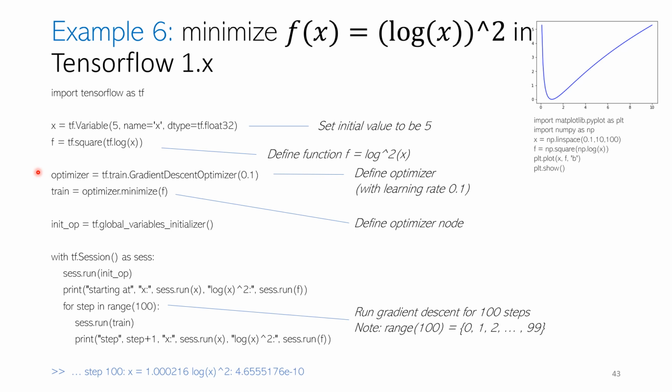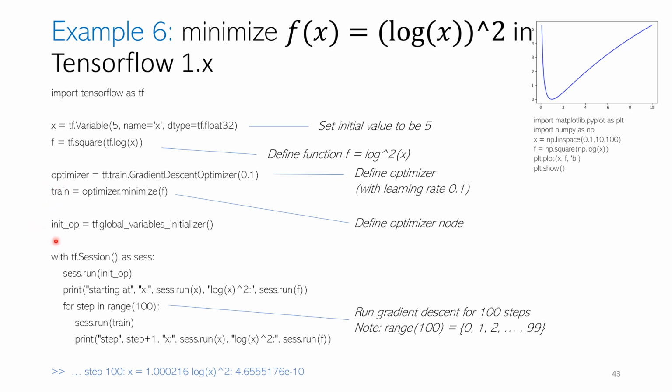The next thing we do is that, as discussed before, we instantiate an optimizer object, in this case a gradient descent optimizer, and we call the minimize method of this optimizer. This gives us a node in our computation graph called train. We will call this node train later once we create our graph.